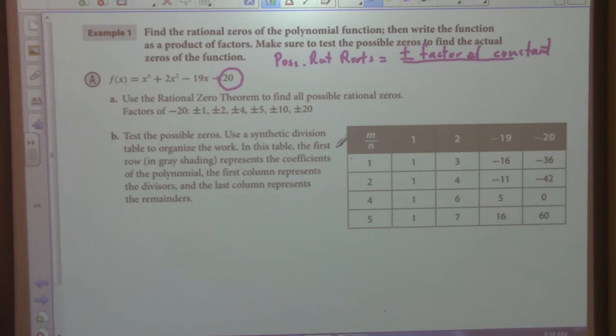That is the constant. The constant is the one without a variable. Okay? Over factors of the coefficient of the first term.